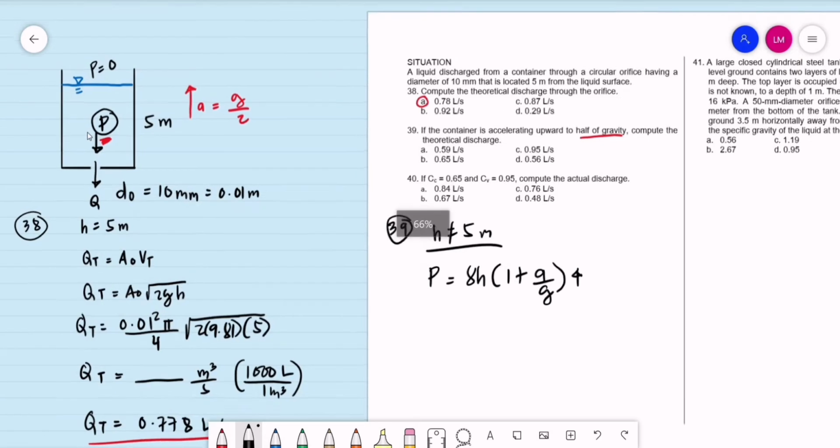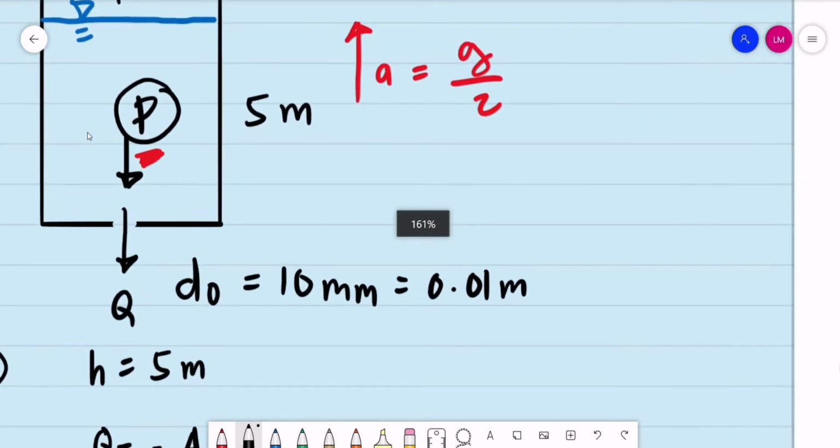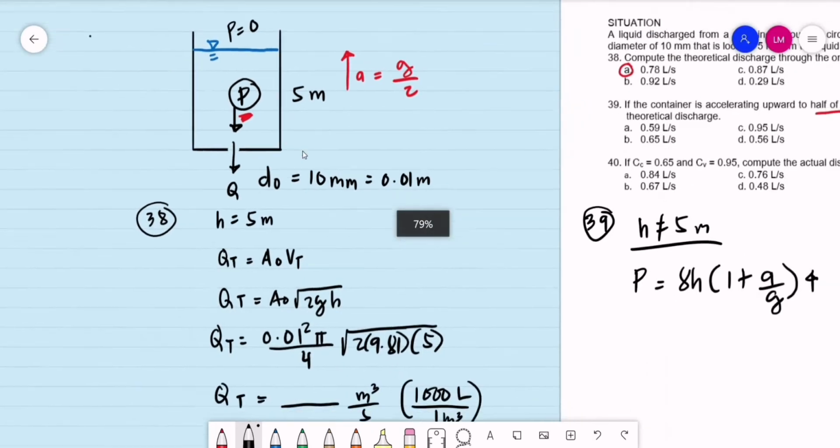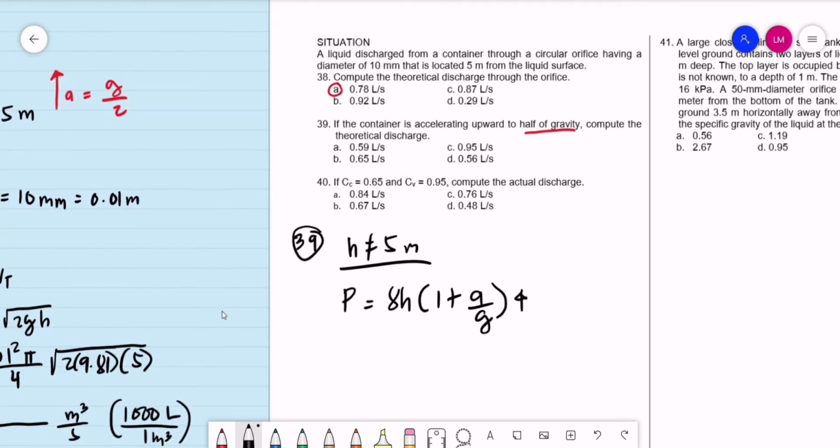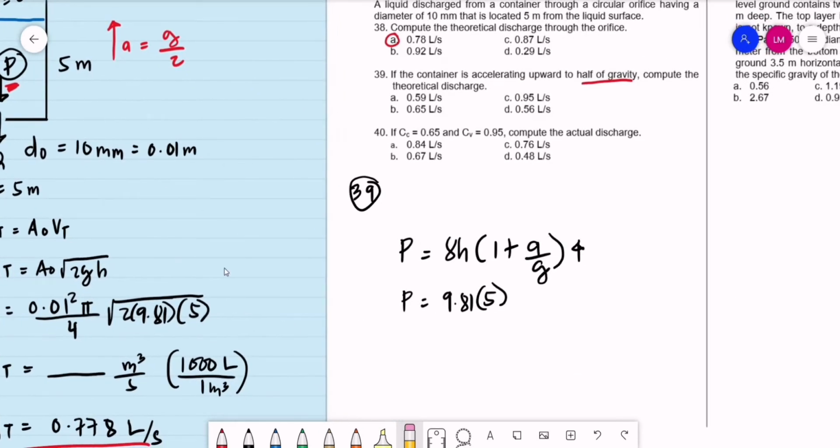Kunin natin yung total pressure na nagtutulak para lumabas yung liquid. So we have the pressure dito sa ilalim ng tangke is gamma, hindi niya sinabi kung anong liquid ito, pero i-assume natin na tubig. That is 9.81, yung height ng tubig is 5 meters, pero hindi siya yung total head.